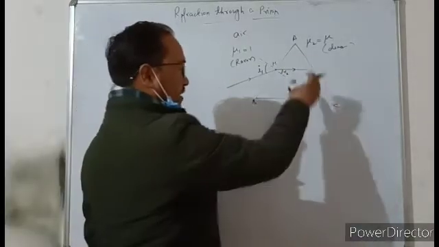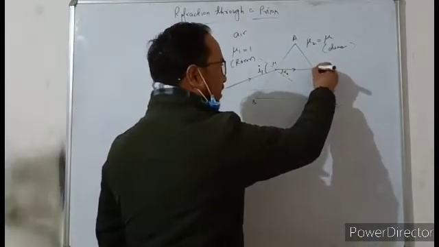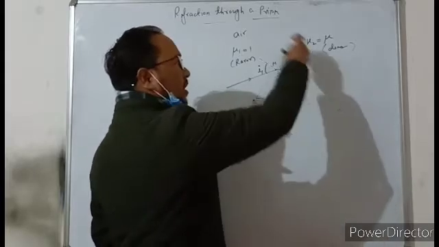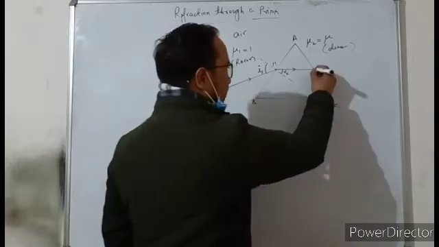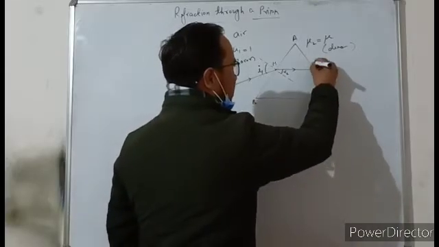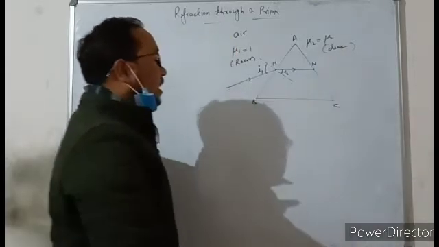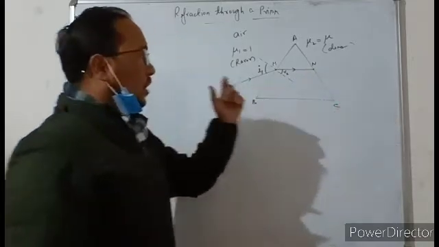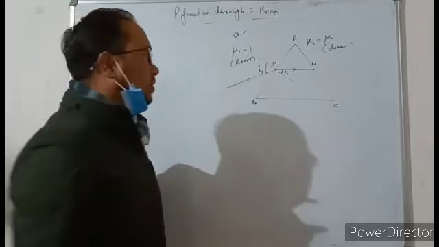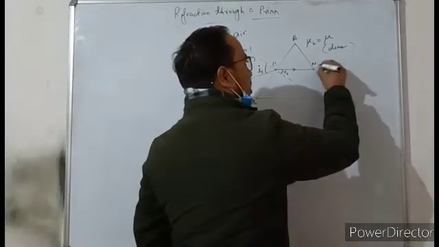Now, this is another interface which is separating denser medium from the rarer medium. Suppose this is a point of incidence taken as N. Now, in this case, the light is traveling from denser to rarer medium, so the light will bend away from the normal. So, first of all, you have to plot the normal at the point of incidence.